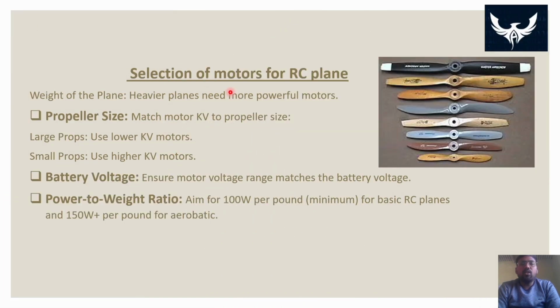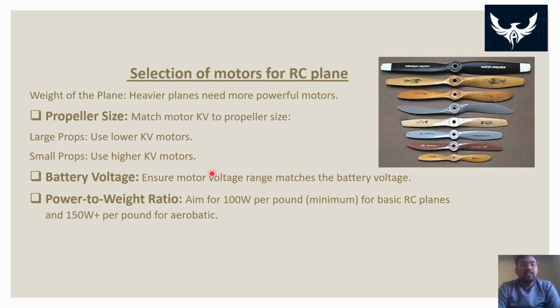Now, selection of motors for RC planes. As the weight of the plane increases, heavier planes need more powerful motors. Propeller size: match motor kV to propeller size. If we have large props, we have to use lower kV motors, and if we have small props, use higher kV motors. Battery voltage: ensure the motor voltage range matches the battery voltage, as we saw in the last slide.